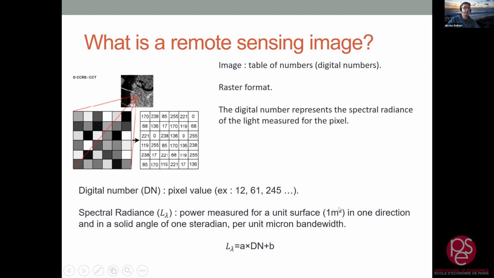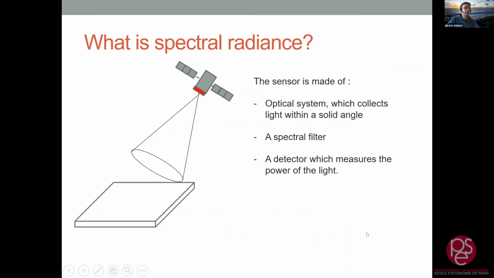In order to develop this description, I talk about how the sensor is made. So the sensor is made of many things. I include here only the part that is necessary to make a radiometric measurement of one pixel.